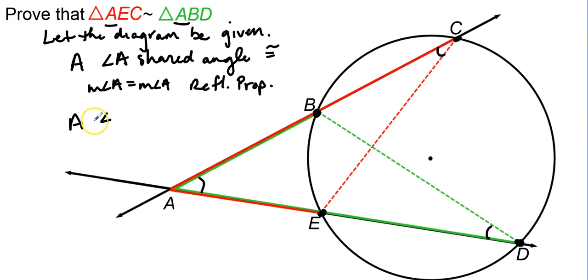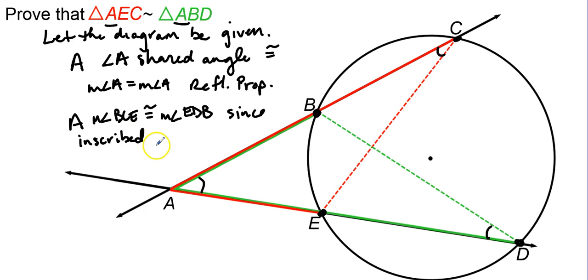So the measure of angle BCE must be the same as the measure of angle, let's see, BCE is right here, so we want EDB. We can say that inscribed angles subtending the same arc must be congruent.